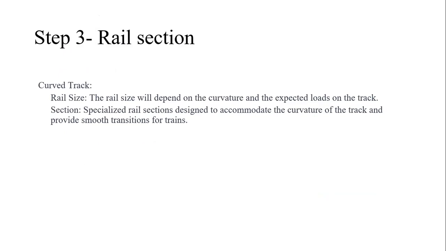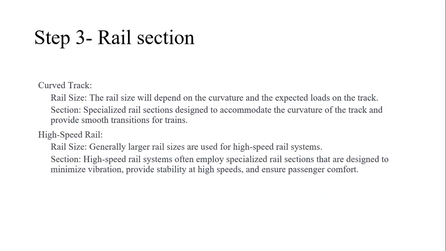Specialized rail sections are designed to accommodate and provide smooth transition. And for high speed rail, generally the largest rail sizes are used, sections designed to minimize vibration, provide stability, and ensure passenger comfort.